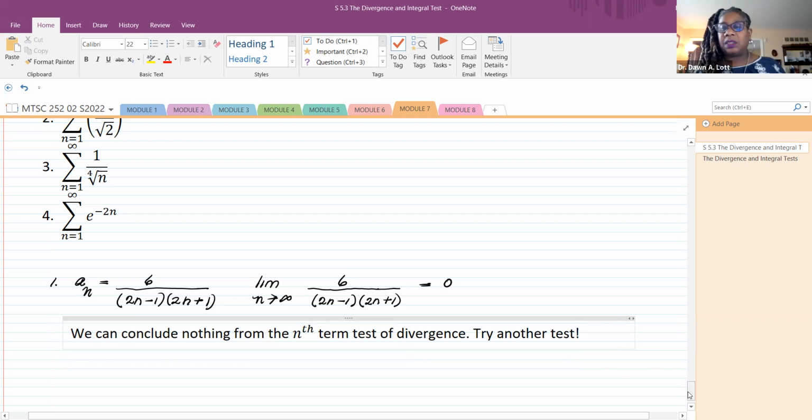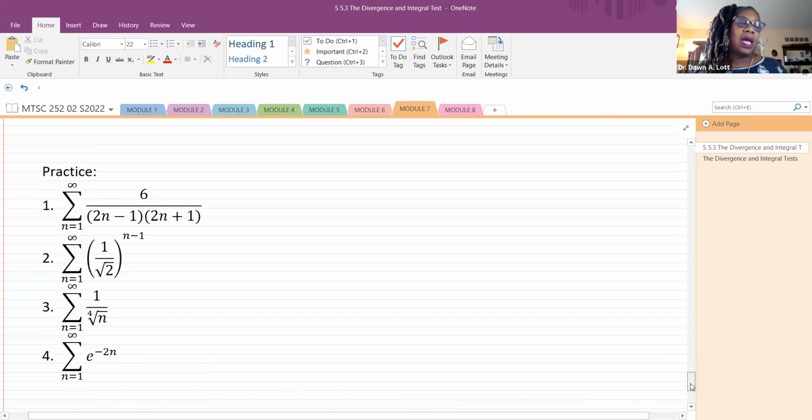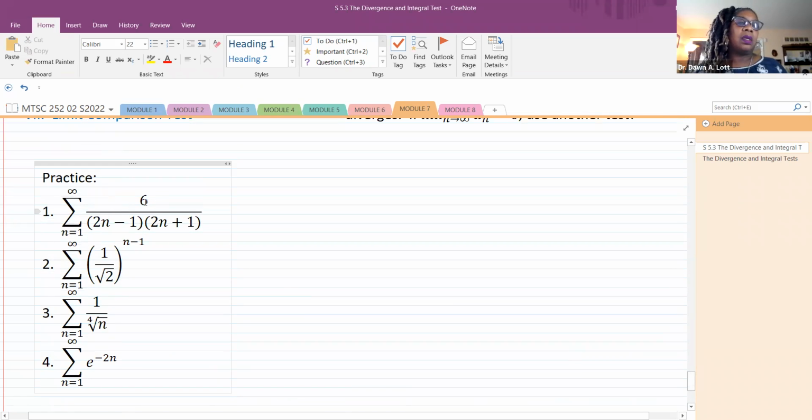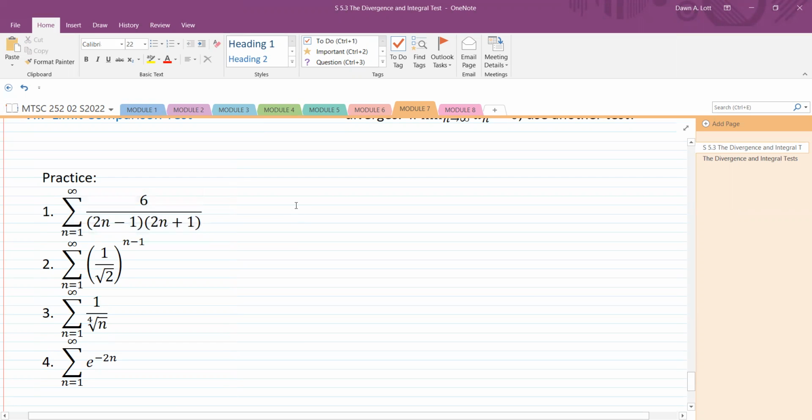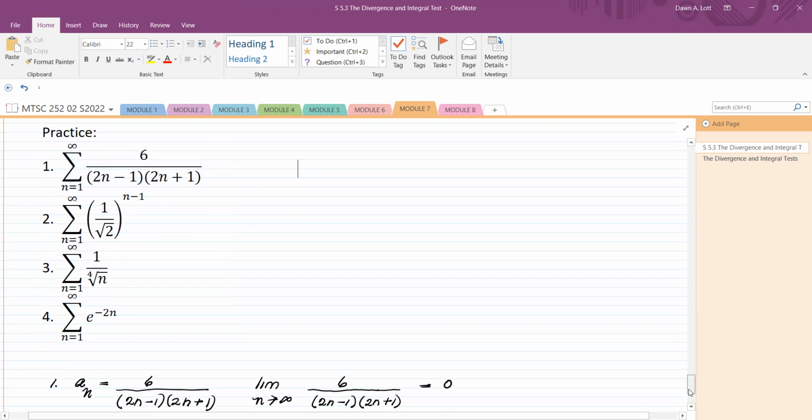I'll give you a hint. It's one of the ones we had to do a lot of work on. What does this look like? If I didn't have the sum there, what could I do with just this piece? Do you multiply both sides by the common denominator?